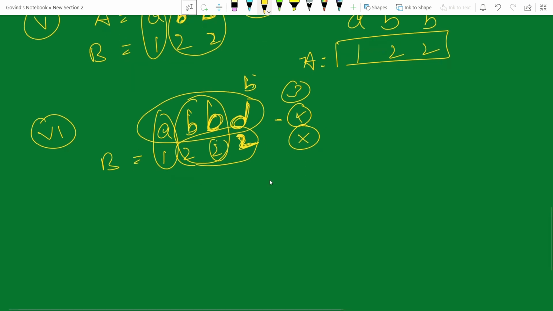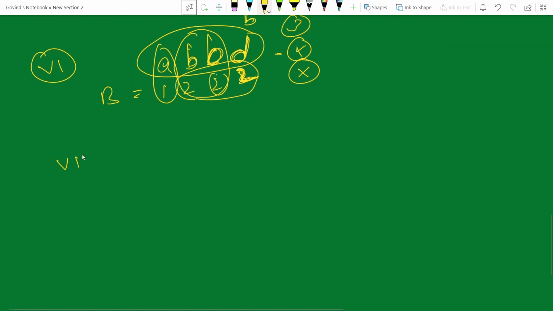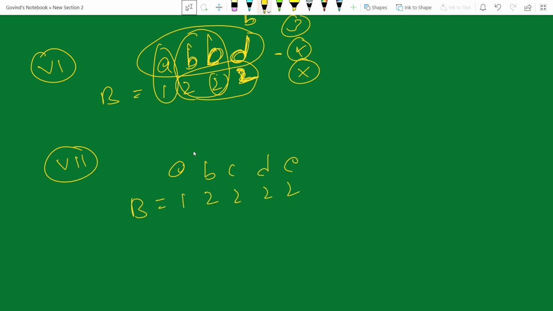Now let's take another test case. Like if this array B is 1 2 2 2 2 and it is A B C D E. Now A is occurring one time, B is occurring two times. Now C should also be equal to B, so that it is occurring two times. Now D is occurring two times.